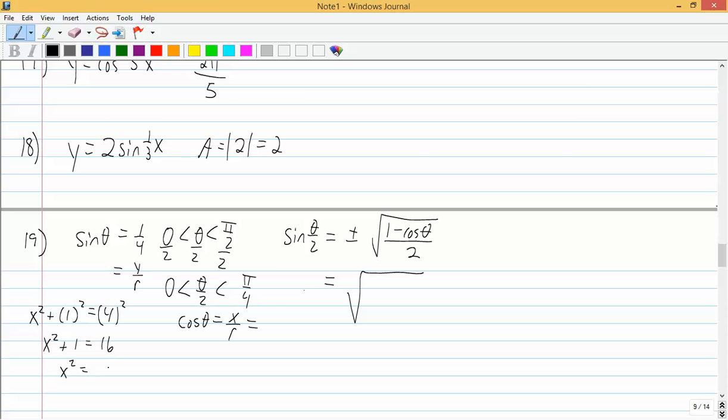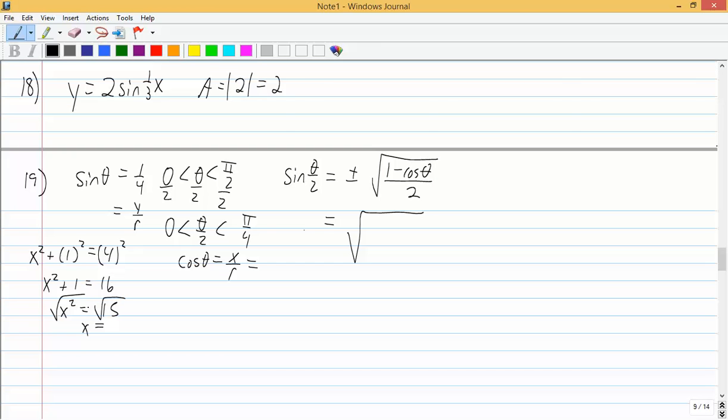So x squared equals 15. So x equals what? And it's plus or minus, but since we're in the first quadrant, it's positive. So cosine is the square root of 15 over, what was r? 4.